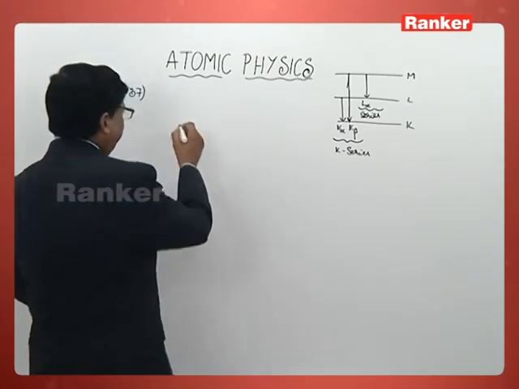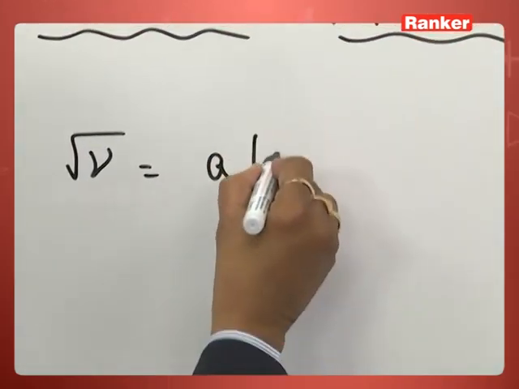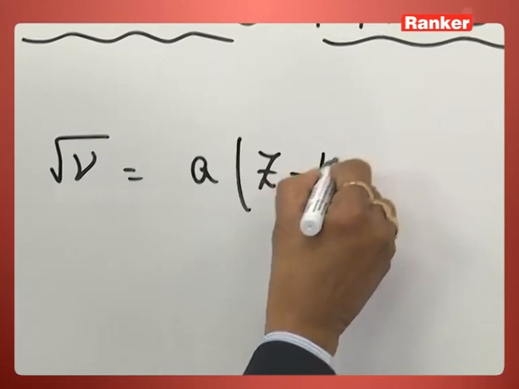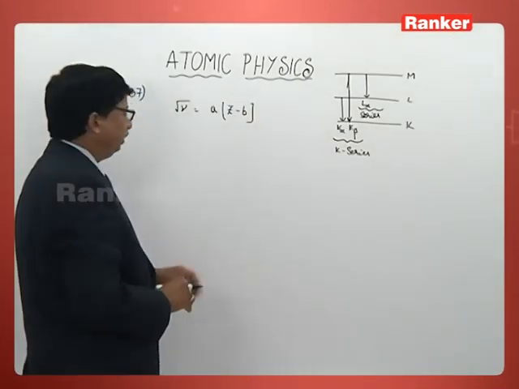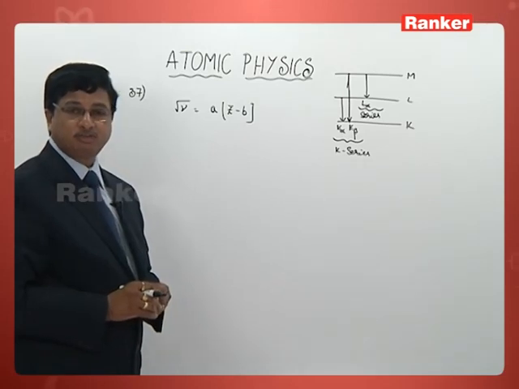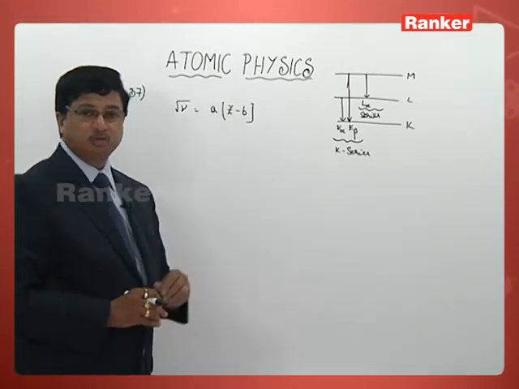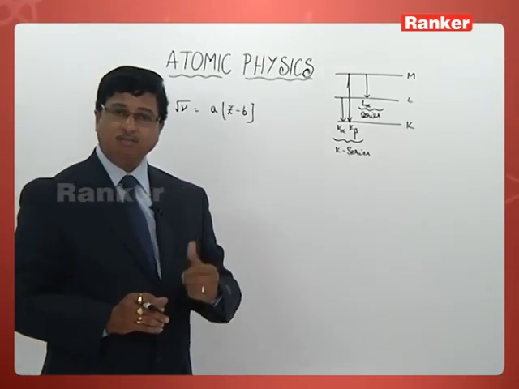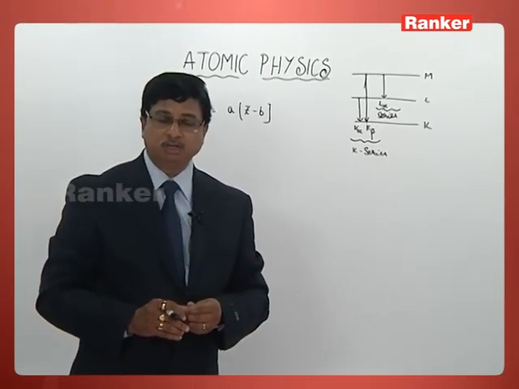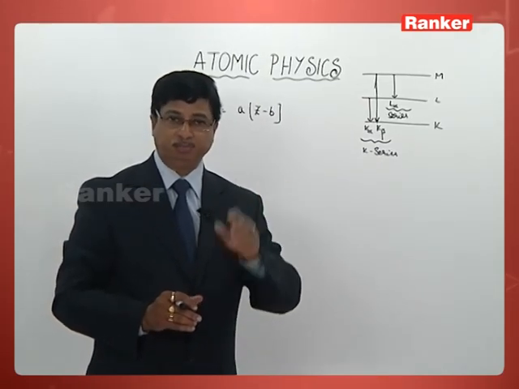So you can directly write it this way: root nu is equal to A into Z minus B. In fact, that is the equation we write as Moseley's law. A and B are called Moseley's constants, and Z is the atomic number. Nu represents the frequency of the spectral line thereby obtained.